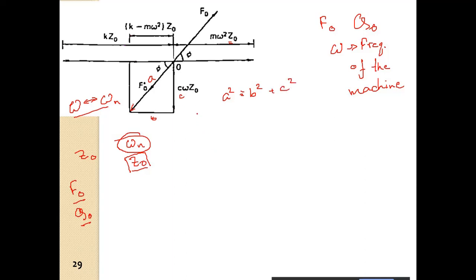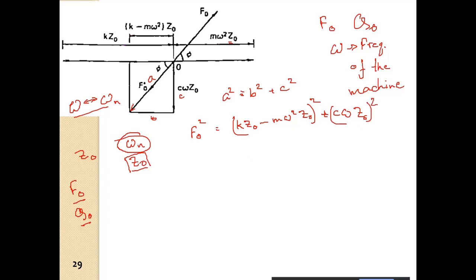Here we have F0 square is equal to K Z0 minus M omega square Z0, all squared, plus C omega Z0, squared.